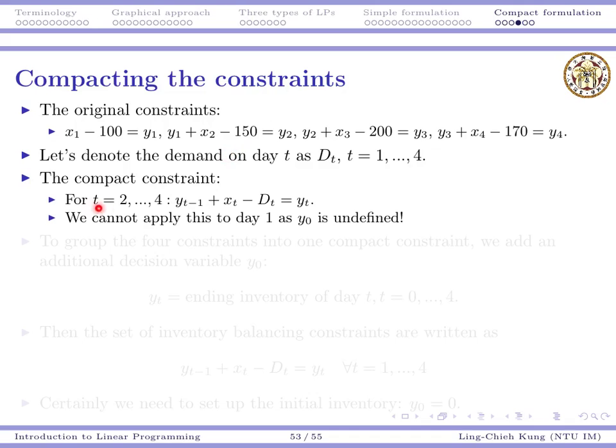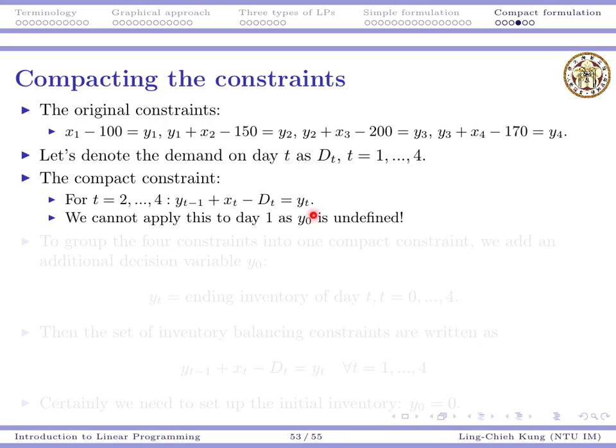Then for day 2 to 4, I can use one single expression: y_{t-1} plus x_t minus d_t should be y_t. Here, y_t is the ending inventory of day t, so y_{t-1} is the beginning inventory, and d_t is my demand. So the beginning inventory plus what I produce minus what I sell is my ending inventory.